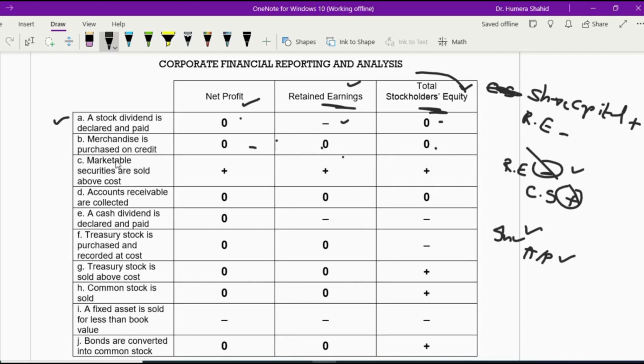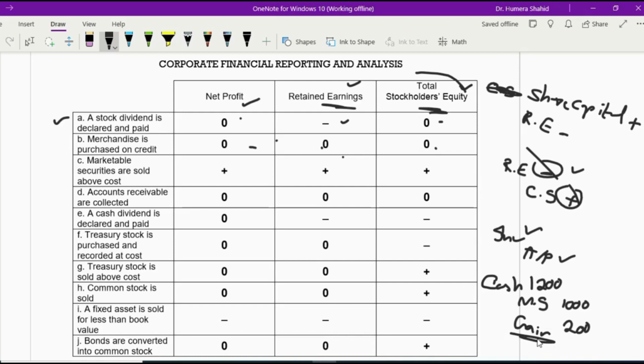Third one, marketable securities are sold above cost. When you sell the marketable securities above cost, you get money, cash gets debit, and the marketable securities will get credit. You sell them above their cost. For example, the cost was 1000, you sold them for 1200, so you have a gain on sale of 200.